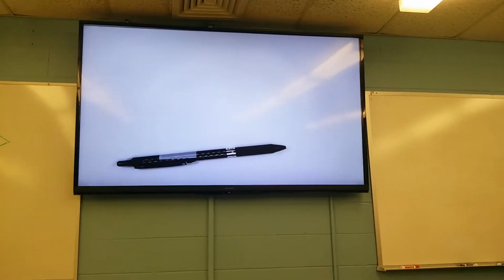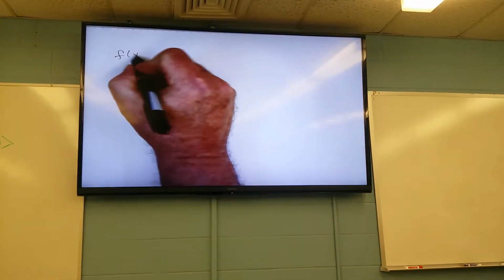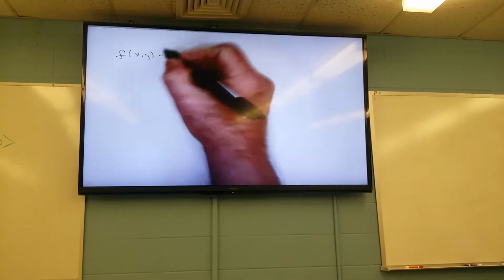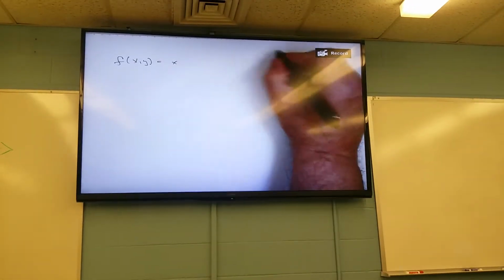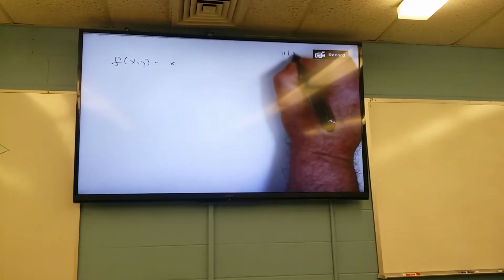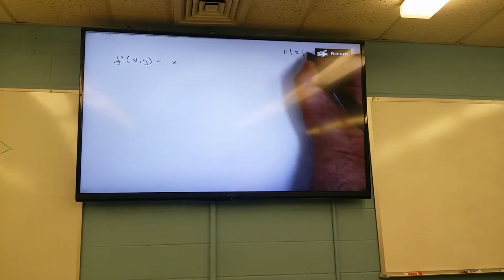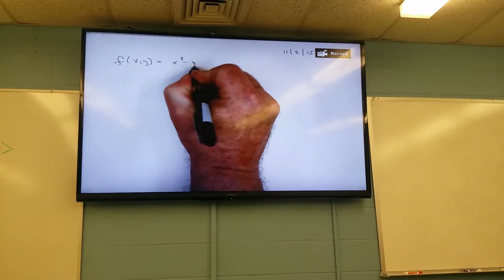All right, but anyhow, let's do this problem. This is a problem where the function is x cubed minus y cubed.